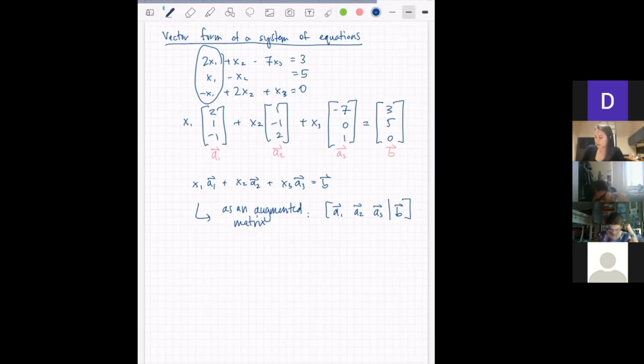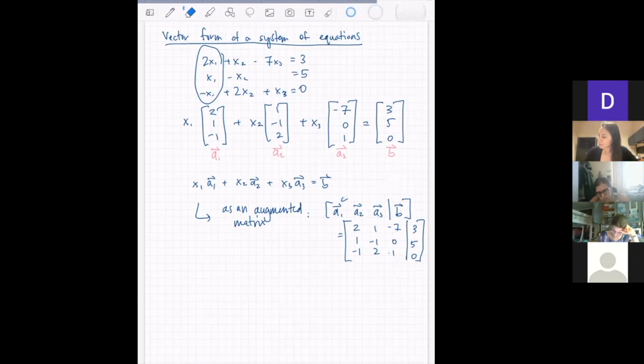So this is just the augmented matrix: 2, 1, minus 1, 1, minus 2, 2, negative 7, 0, 1, and 3, 5, 0. So when we write this, just to be clear, it's not like a matrix containing vectors. You're really seeing it as just a matrix, and you form it using those as the columns. Does that make sense? Hopefully.